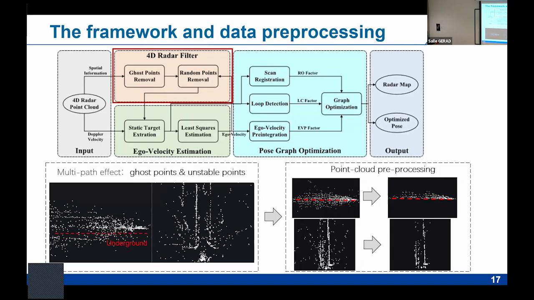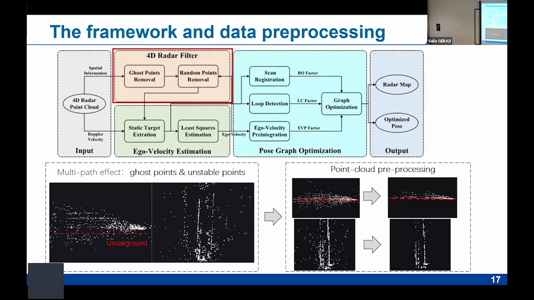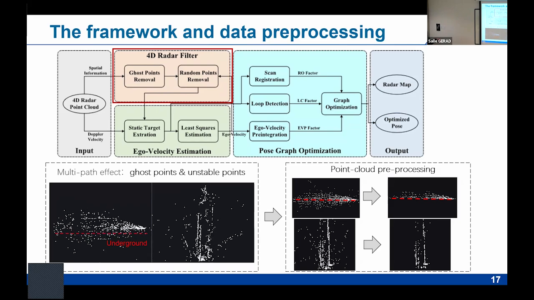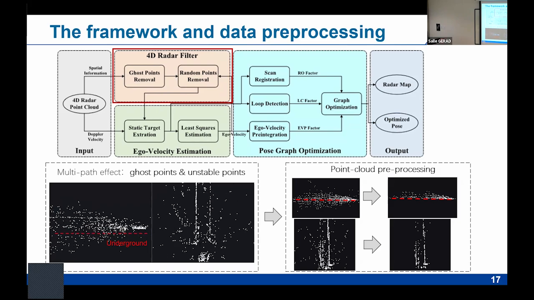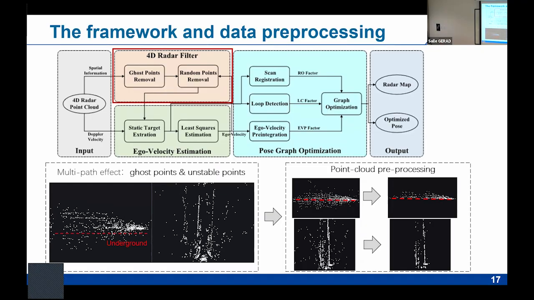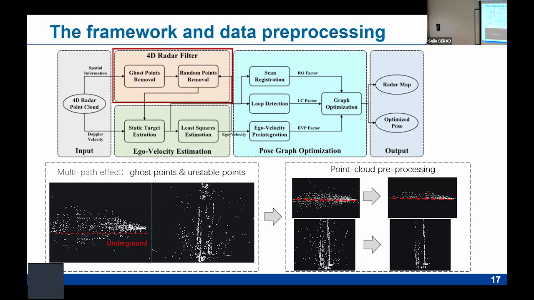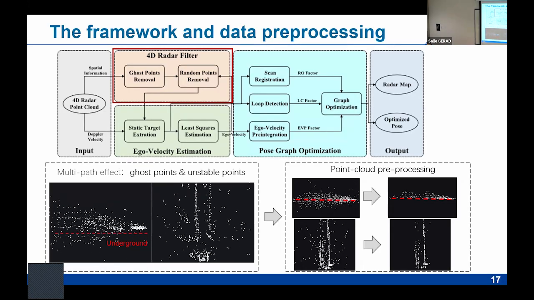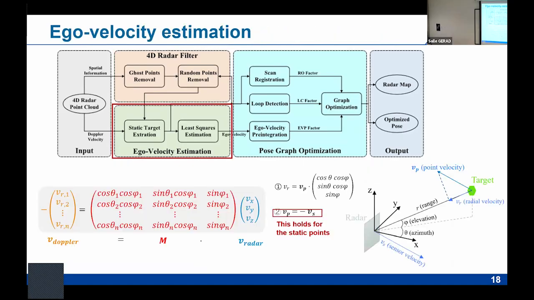You can also see a lot of unstable dots somewhere here. So how can you handle that? We do plane fitting so that we remove the ghost points. And if a point shows up in multiple frames, then we keep it. So we do very simple pre-processing to wash the data.